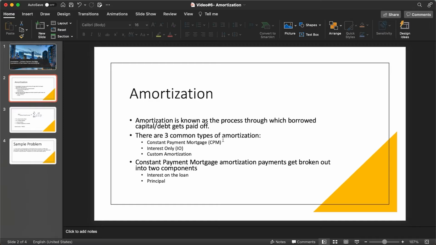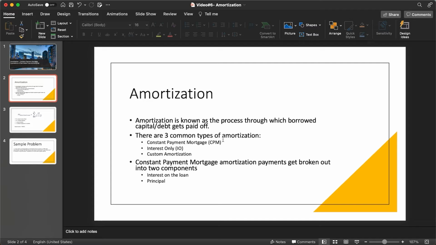This is not only used in real estate, but it's also used when you take out a loan for your car or for a student loan, or maybe you want to buy a house and you take out a loan to buy a house. So the constant payment mortgage is the most common way of amortizing a loan, but there's also the interest-only way and the custom amortization, which we'll cover in future videos.